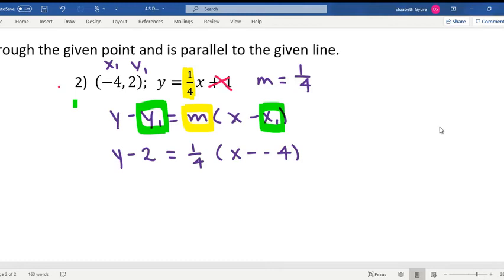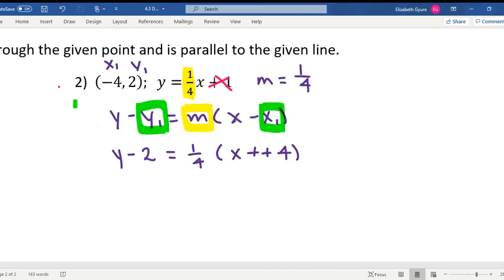What do you think I could do with this double negative, Aaron? Okay, yeah, that's definitely something we could do. Anyone else at home? Mason, do you have any ideas? What could I maybe do with the 1/4? Yeah, we can distribute it. Good. We're going to distribute the 1/4.